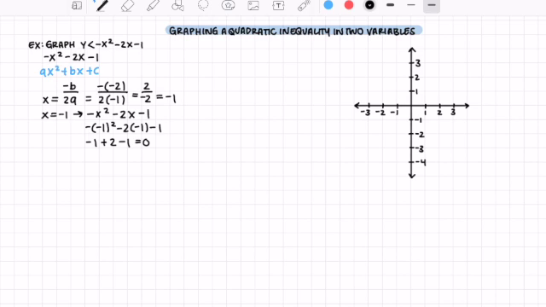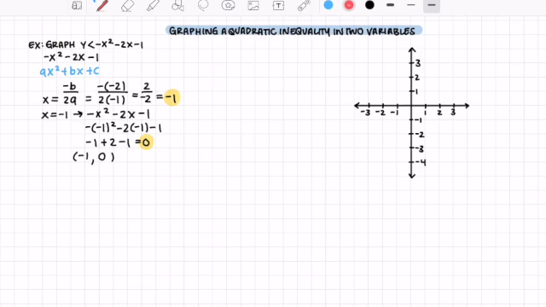So now that I know my x value and my y value, I can create my vertex, which would be x equaling negative 1 and y equaling 0.